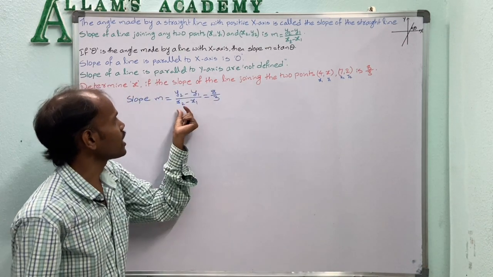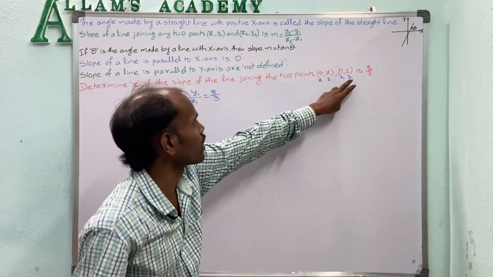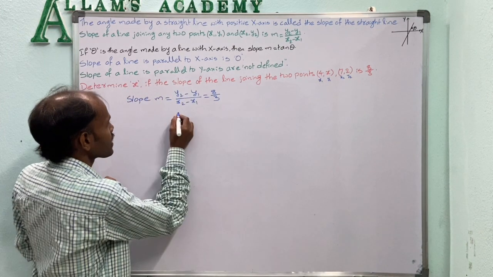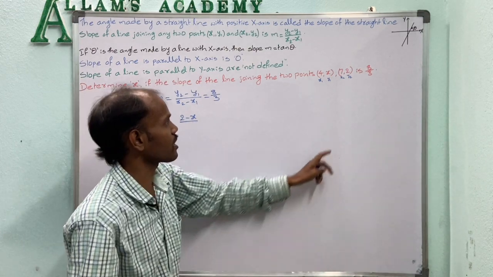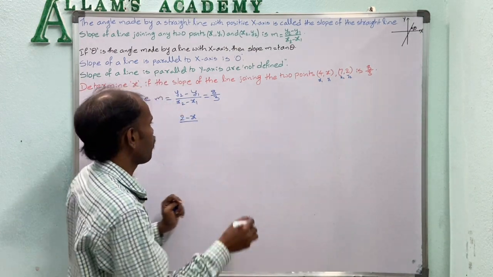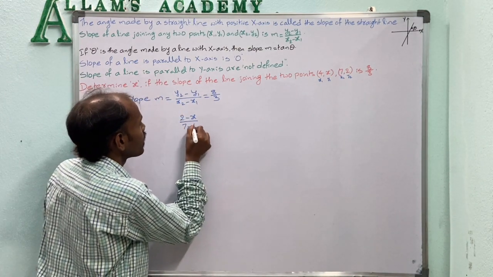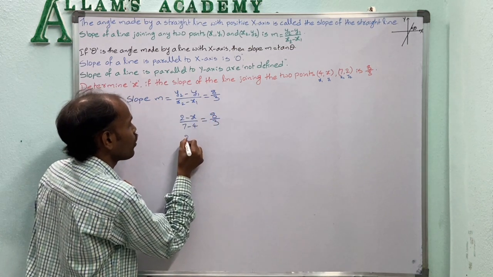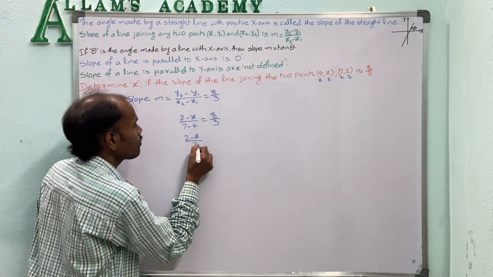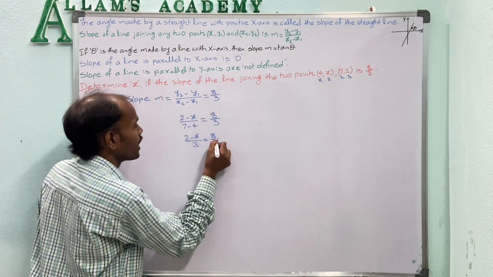Substituting these values, y2 minus y1 is 2 minus x, and x2 minus x1 is 7 minus 4, equal to 8 by 3. So 7 minus 4 is 3, equal to 8 by 3.